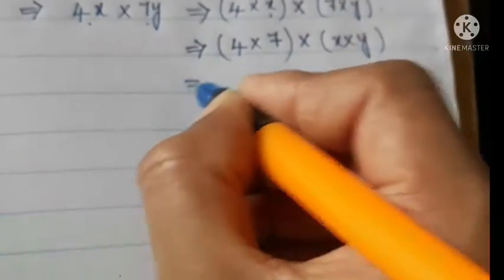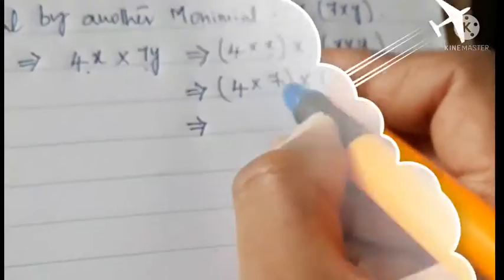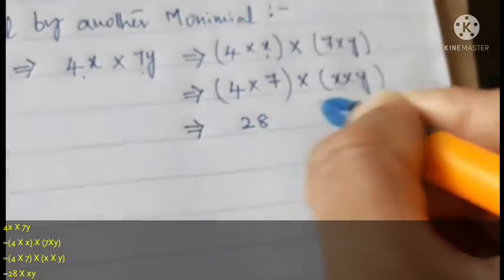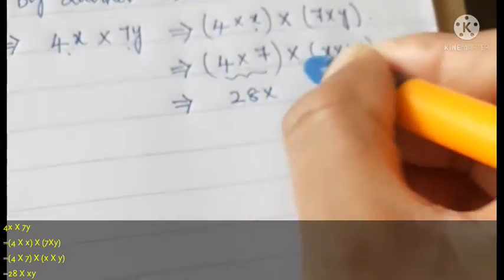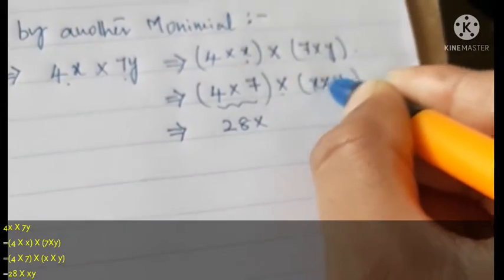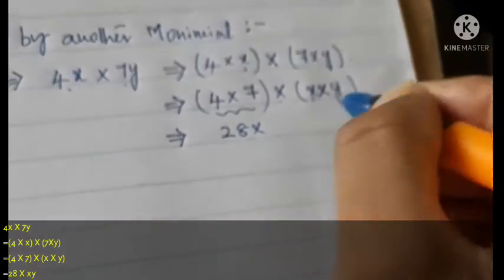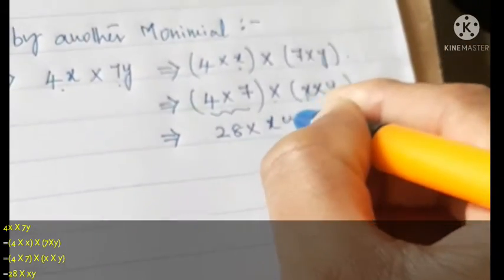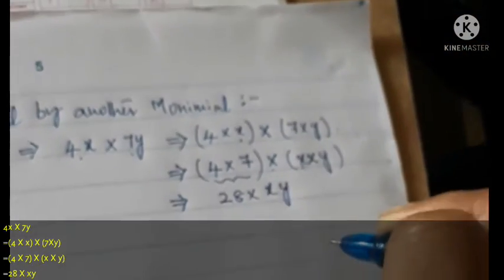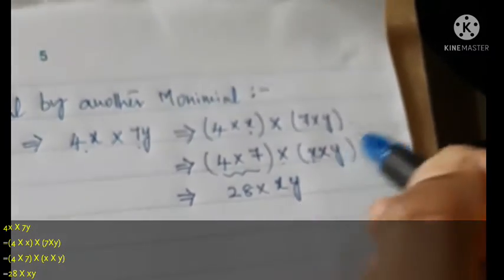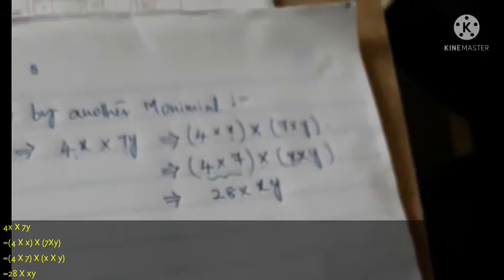Now it is very simple to find the final answer. 4 times 7 is nothing but 28. This value will become 28. I am writing this multiplication symbol as it is. x times y, this is the multiplication symbol, this is a variable x. So if x is multiplied with y, we may say xy, because the product of the factors x and y will become xy as a term.